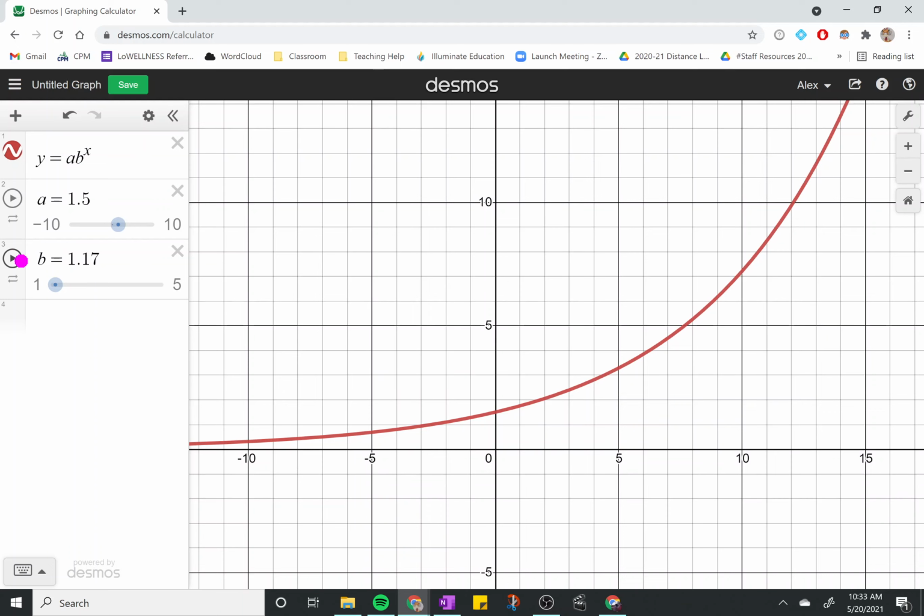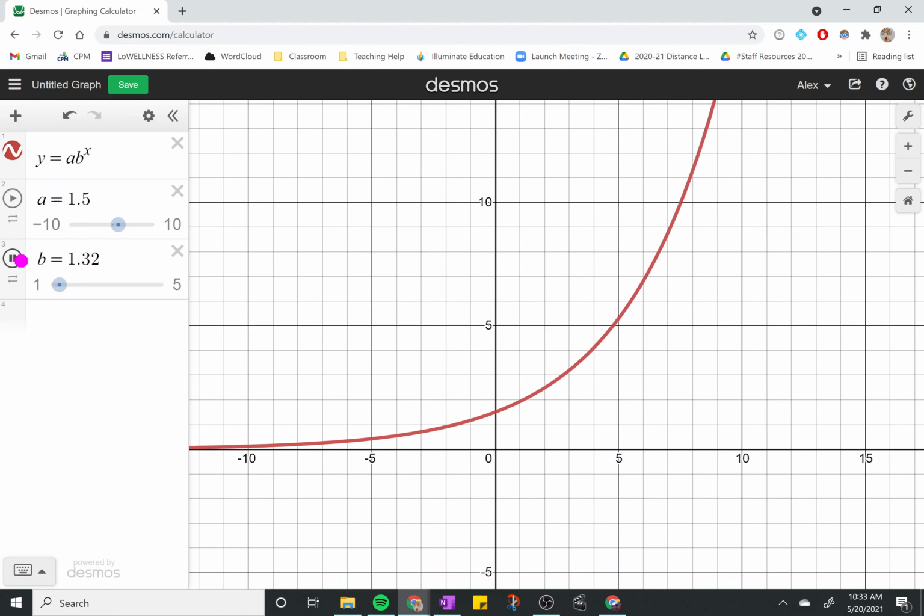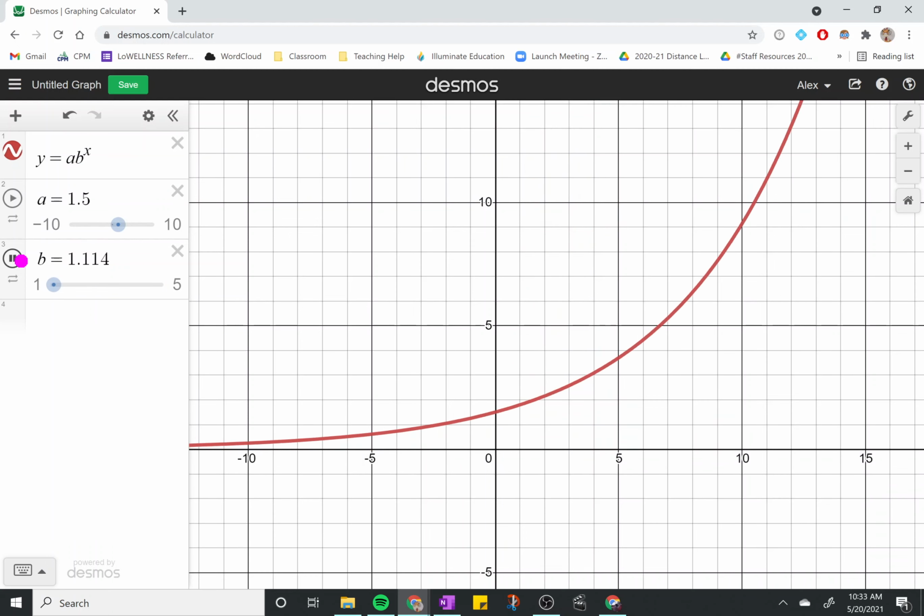If I increase b, what happens? Similar to a linear function, if the slope or the growth rate gets bigger, then your slope gets steeper. And a similar thing is happening here where our function is growing faster and faster. And as it goes back down, it gets flatter and flatter, like so.